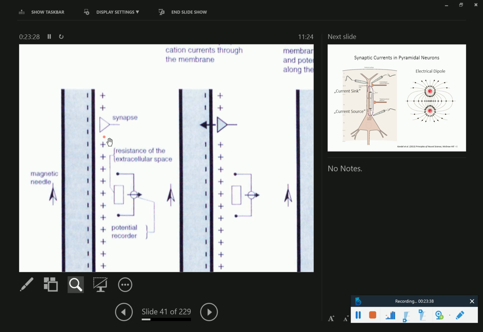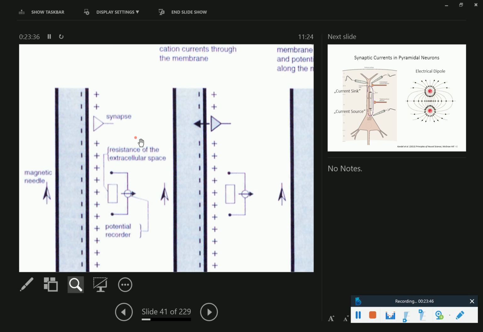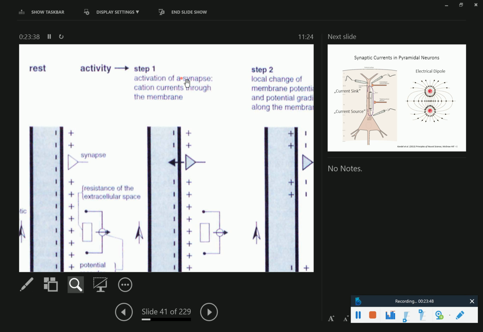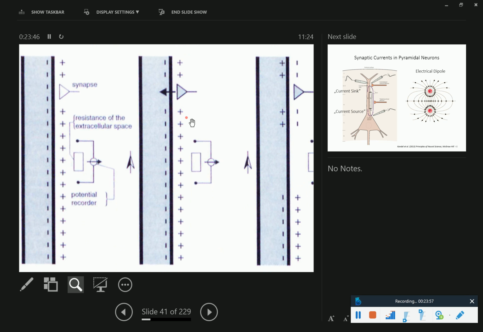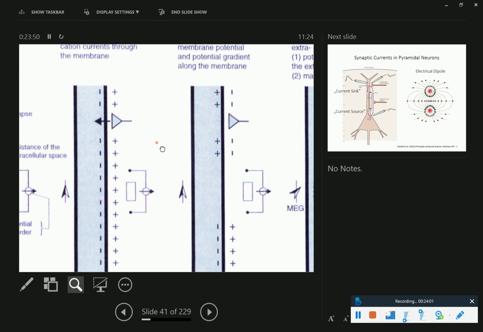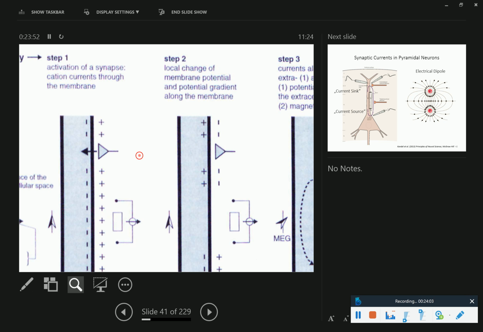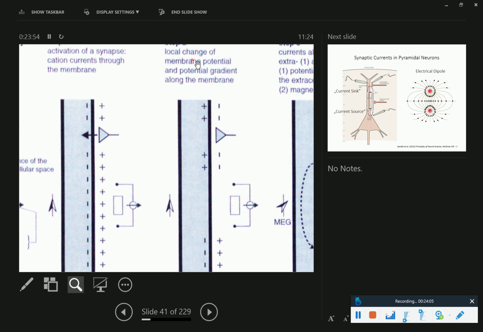You know that the resting state membrane potential is something like minus 60 millivolt, so it's negative inside. And then the synapse is activated, and cations, so positive ions, flow through the membrane. So now you have movement of positive charge in there, which induces a flow along the membrane in the outside medium.